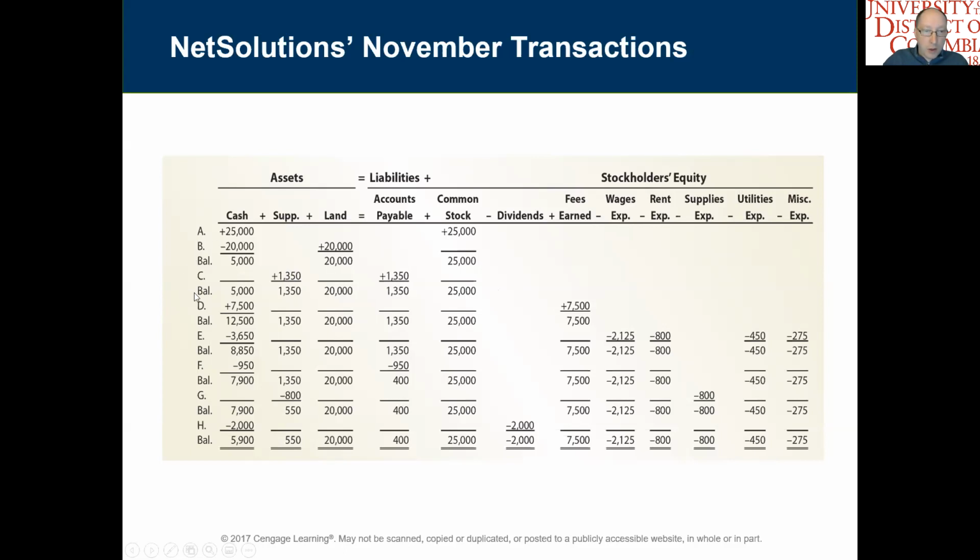And if we do another subtotal, our cash balance is currently $5,000. We've increased our supplies or our inventory by $1,350. Our land value is at $20,000. Our accounts payable is at $1,350. We've increased that because we purchased our inventory or supplies on account. And our common stock value remains at $25,000.